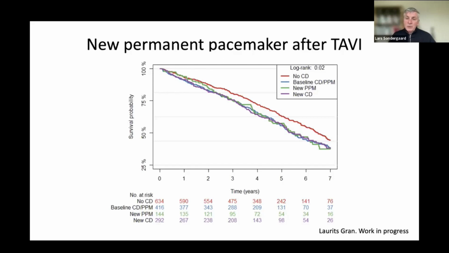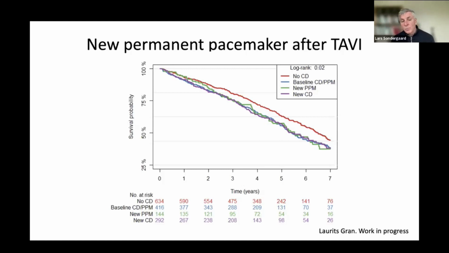And I think one of the potential confounders, Magnus, is that if you take patients who leave the hospital without a permanent pacemaker but got a new onset left bundle branch block, and pool those patients with patients without a permanent pacemaker, you're going to somehow dilute the signal. So I think it seems that it is as impactful on the clinical outcome whether you got a new permanent pacemaker or you got a conduction abnormality without a permanent pacemaker afterwards.